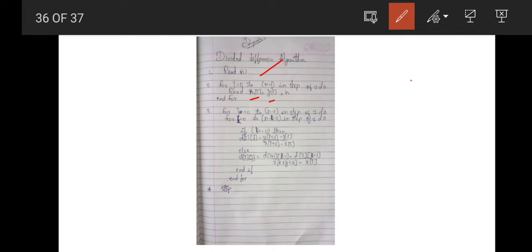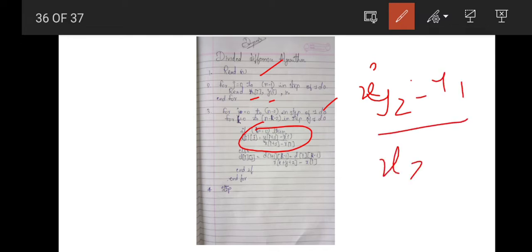corresponding y. Then in the third step we have a loop for j to n minus 2 in steps of 1, and then an inner for loop, that is k equals 0 to n minus k minus 2. In this loop it is finding the values for y2 minus y1 upon x2 minus x1.